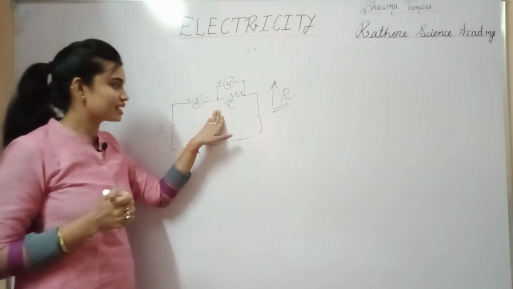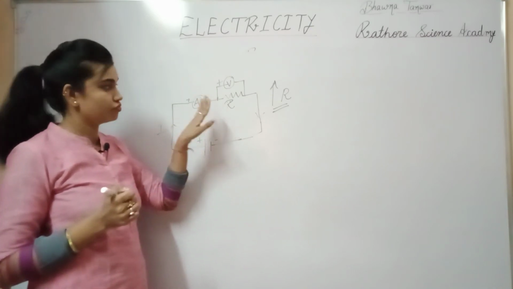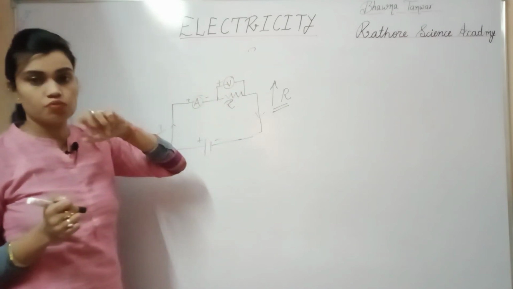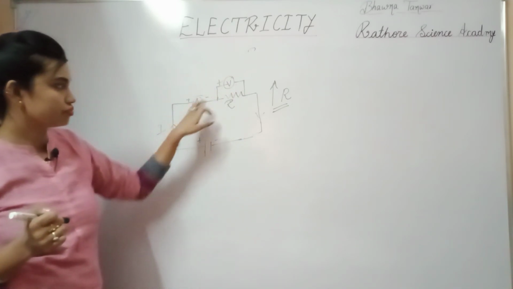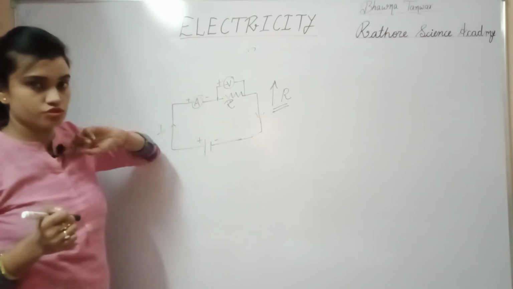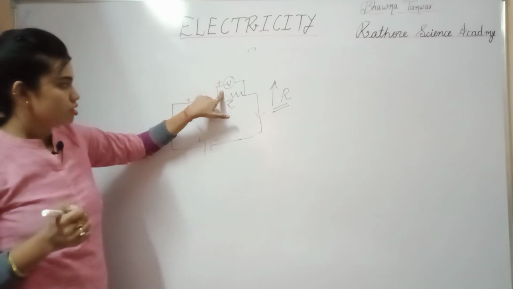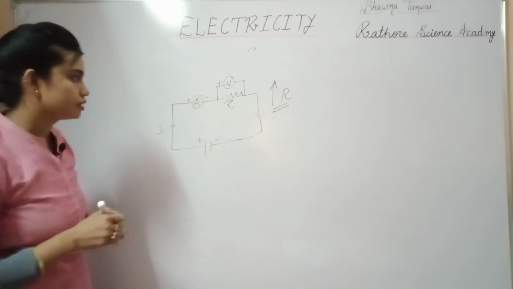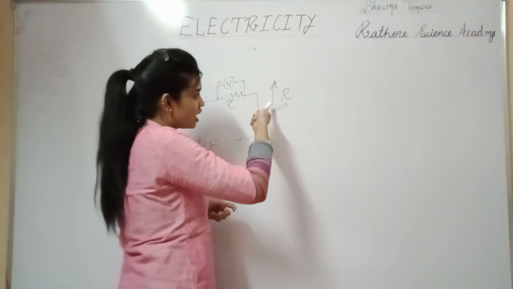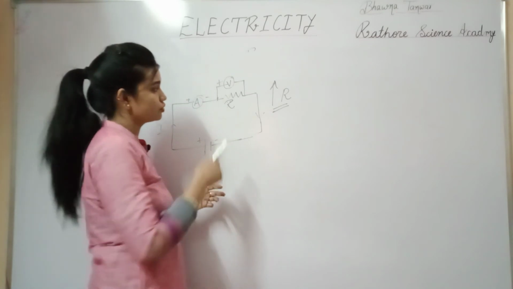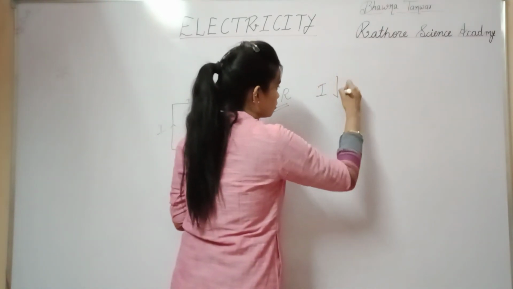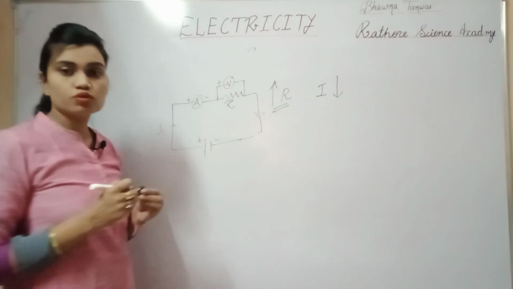If the voltmeter is connected in series, then what happens? Which does not happen, but if we connect the voltmeter in series, then due to high resistance, and you know that if resistance is high, what will happen? Current will become low.